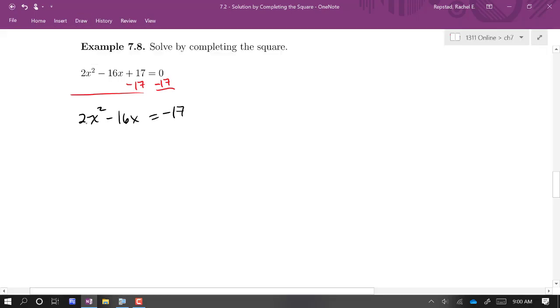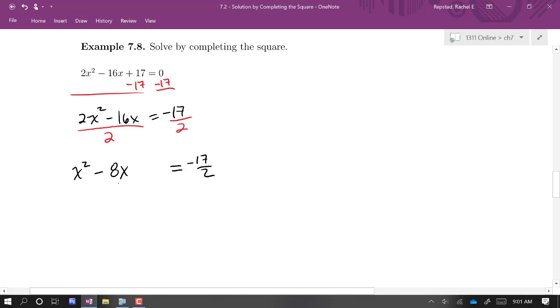So I'm going to just divide both sides by 2, which really is the same as dividing each term by 2. So on the left side, we get x squared minus 16 over 2 is 8x. Now I'm going to leave some space for the magic, and we have minus 17 halves over here.